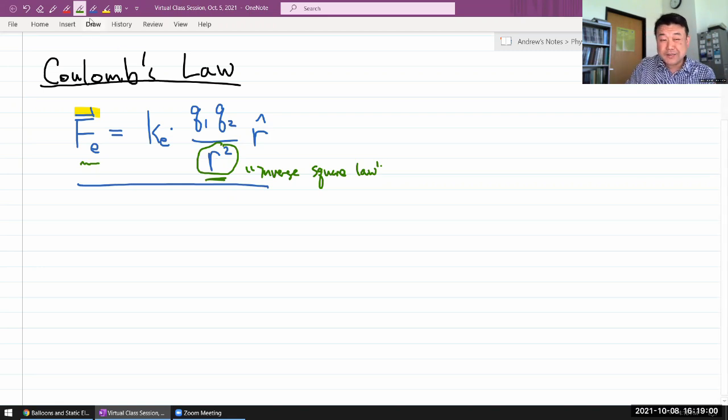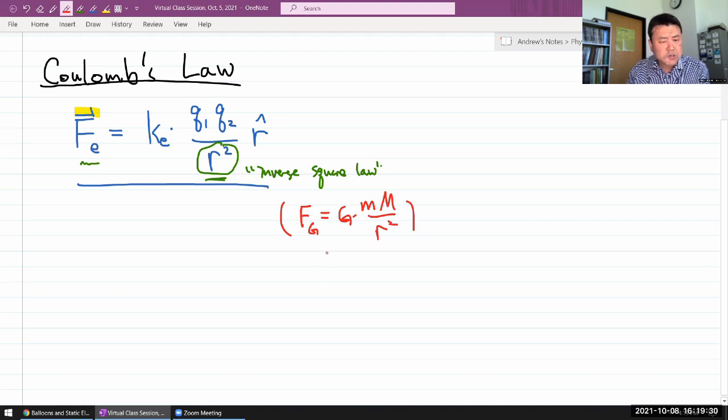And you have actually seen an inverse square law before. In physics 4A, you have seen the gravitational force, not the mg version. That's the approximate version that's usable when you are near the surface of the Earth. For the more general expression, the universal law of gravitation, you have seen this: G times the product of masses divided by distance squared.